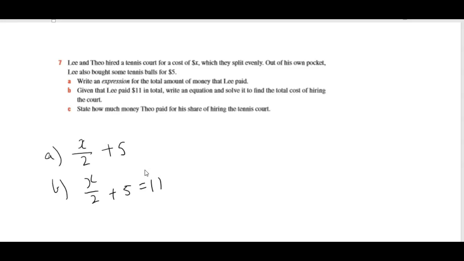Okay, write an equation and solve it to find the total cost of hiring the court. So you'd solve for X. And then remember that Theo paid X over 2. So once you get the value of X, you just get Theo's cost by dividing it by 2. Looking at this equation, I might do it with you over here.